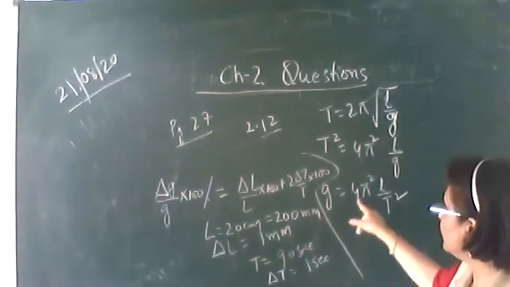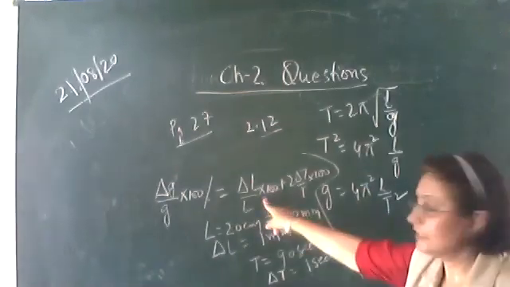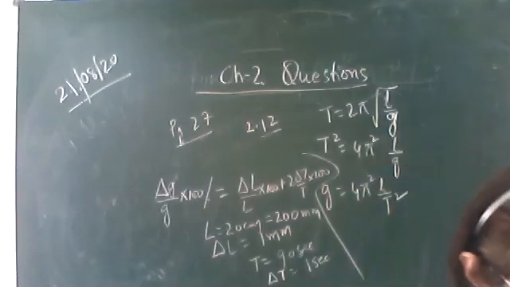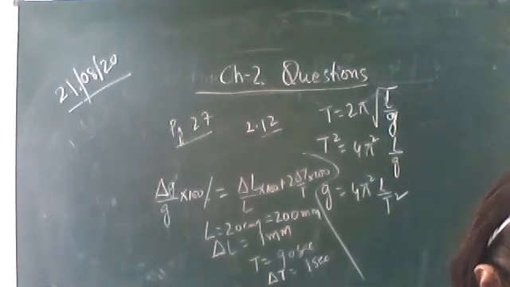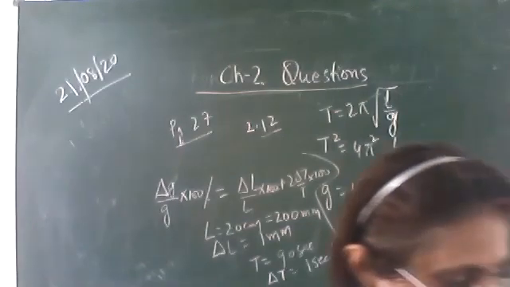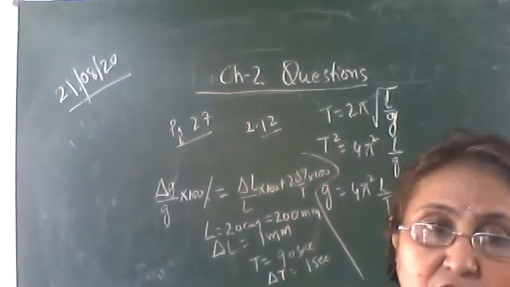Hurry up, substitute it in this formula and calculate the percentage error in G. I think the answer which is given is not correct. Okay, you can find out your answer, because last year also some students told that this answer given is not correct.